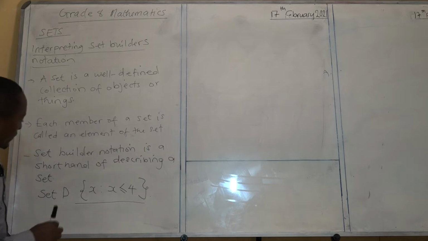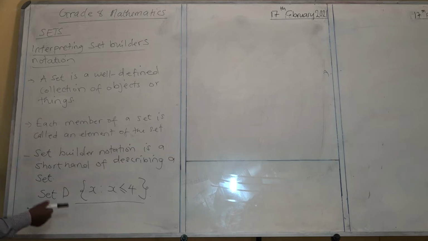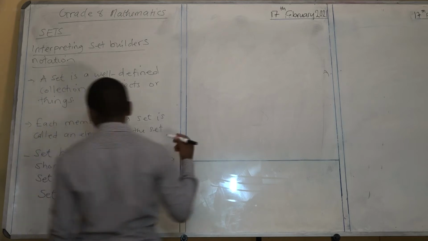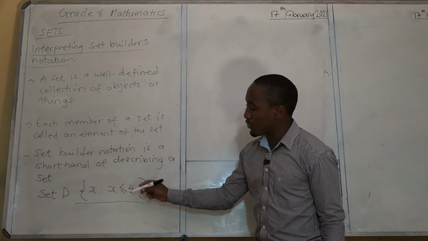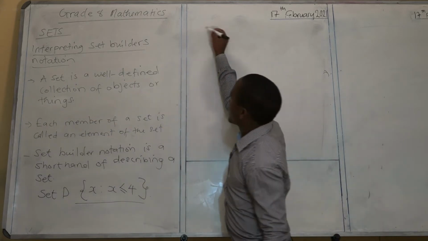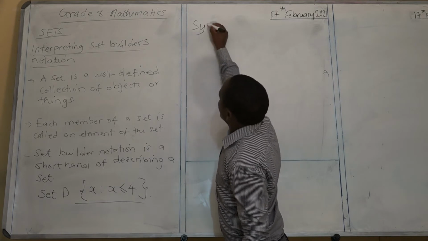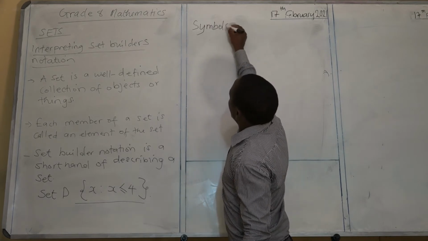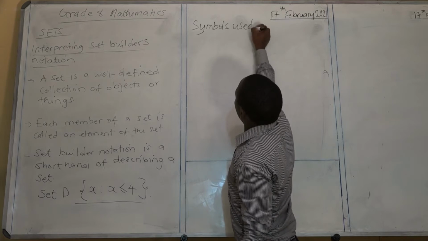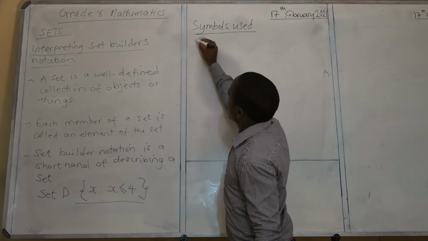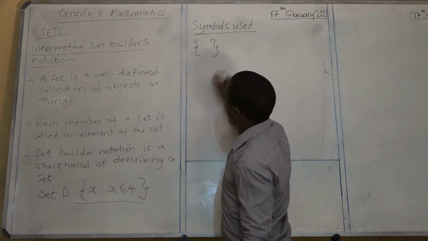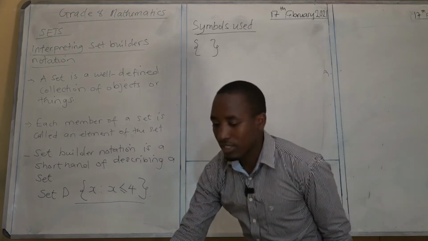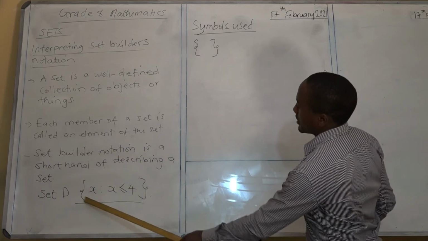From my set builder notation here, let's pick some of the symbols used so that you understand them. You can see that we have these symbols here.